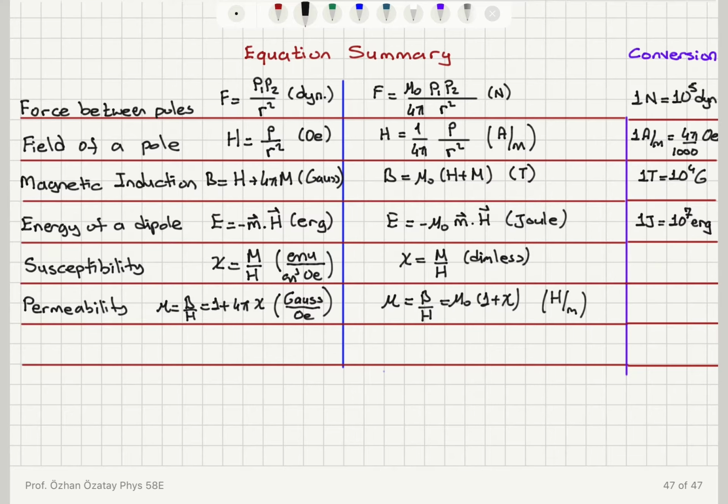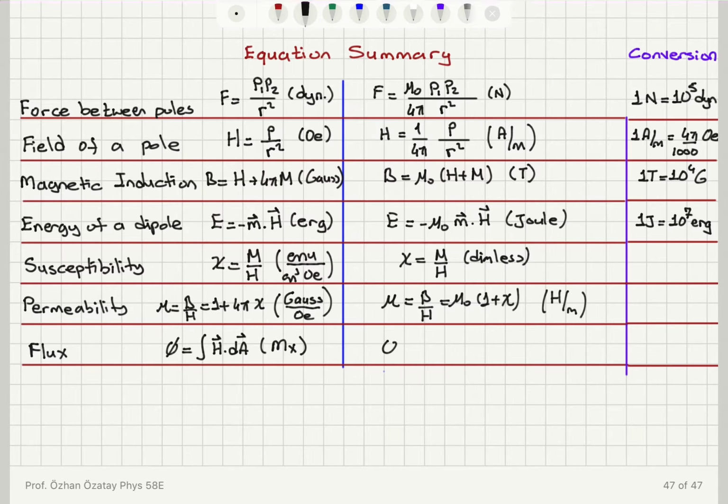Now, one other thing I would like to mention is flux, magnetic flux. Flux phi is the dot product. So let's talk about the non-uniform flux, the dot product between H and the area vector. It's measured in Maxwells. H is in Oersteds, area is in centimeters square.